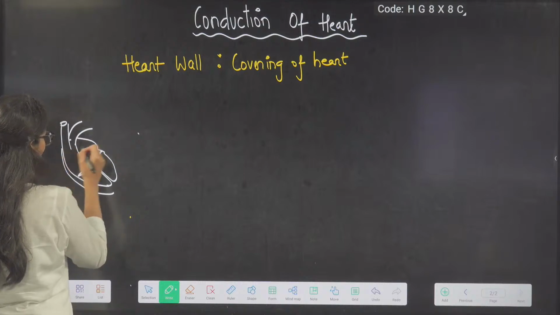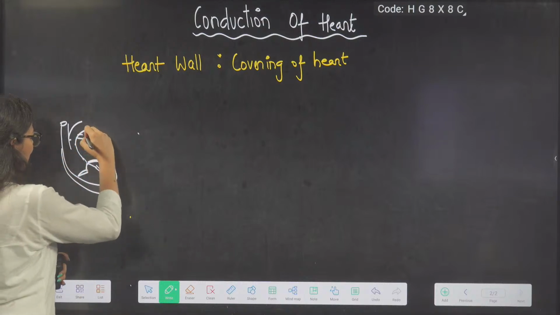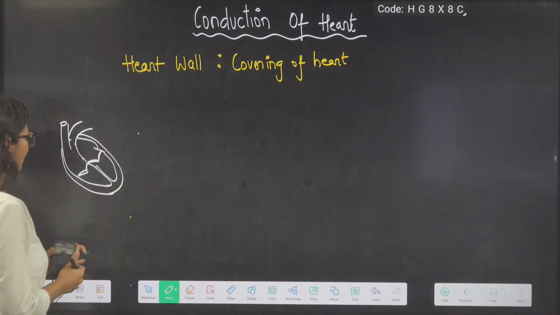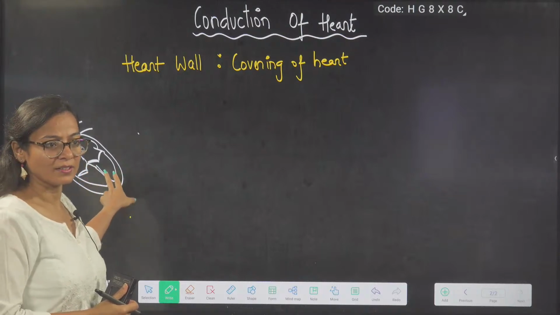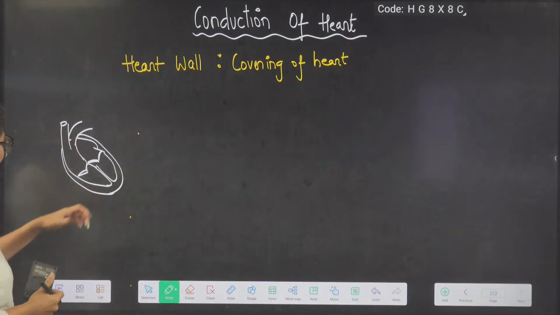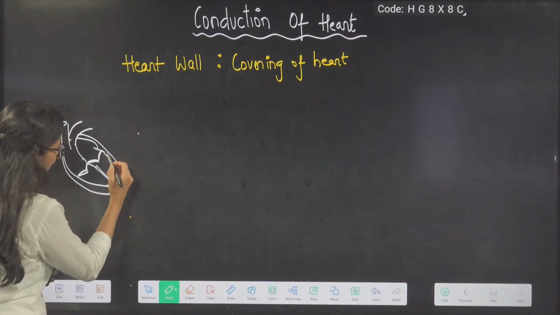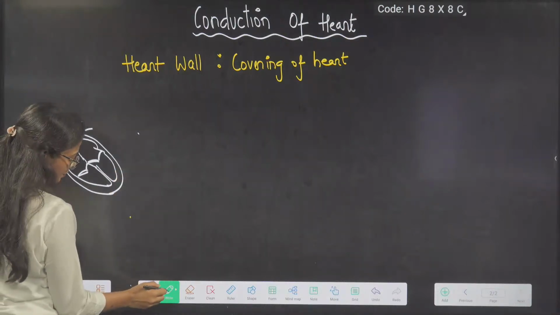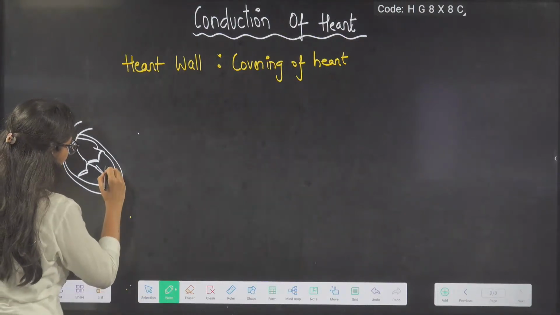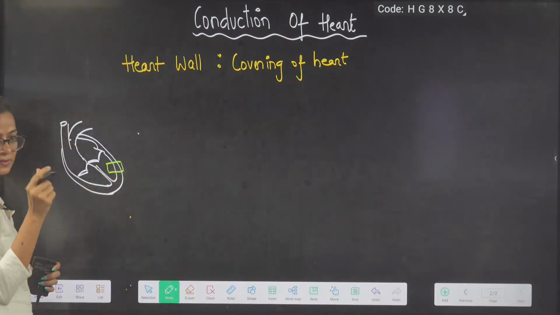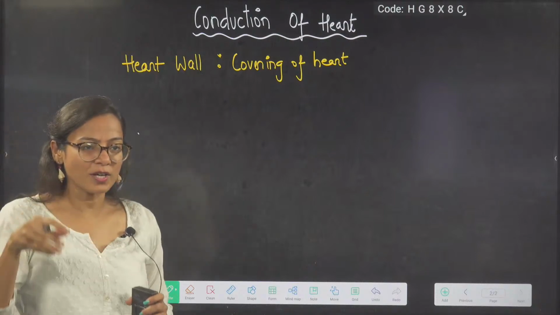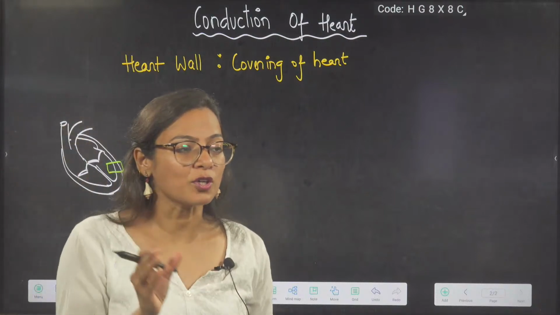So these are the two upper chambers and then the two lower chambers. Now, can you see this full part? So inside you have those four chambers, but I am going to talk about the covering.